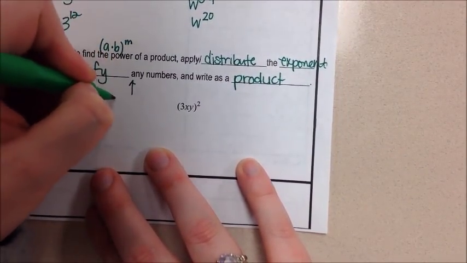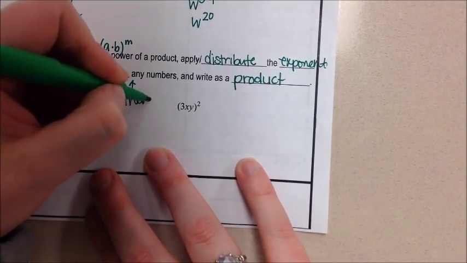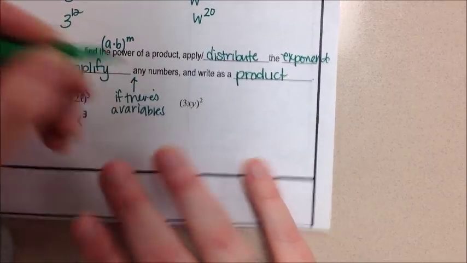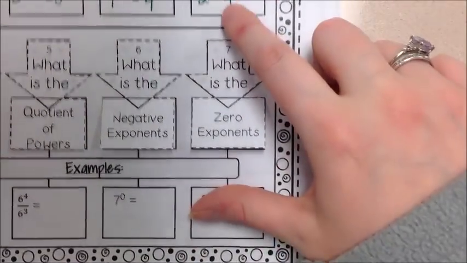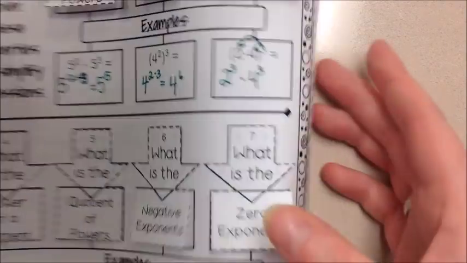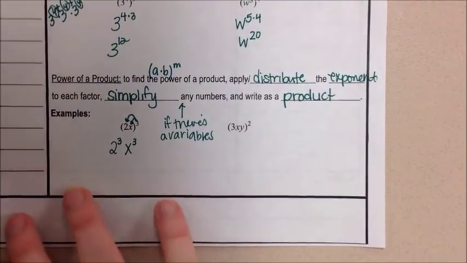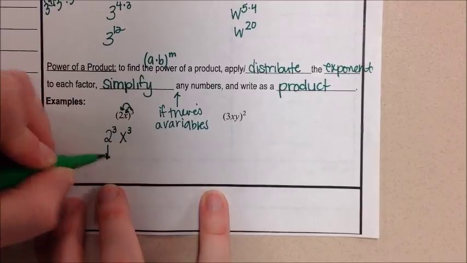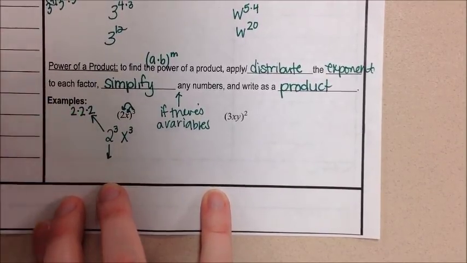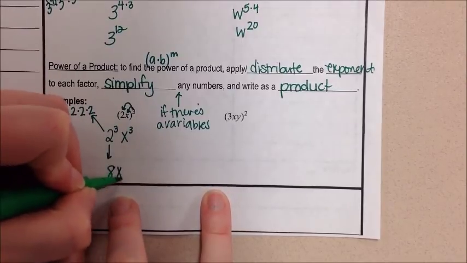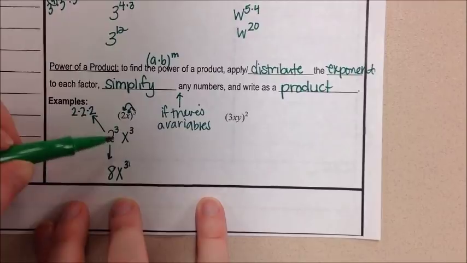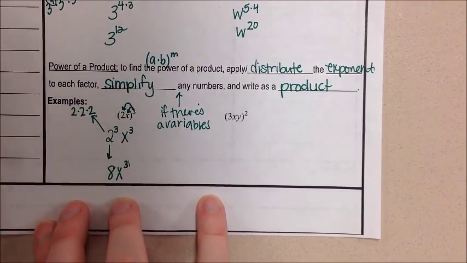So you're simplifying any numbers if there's a variable. If there's no variables, I want you to leave it like we did on the foldable. But on these ones, I want you to actually simplify this. So 2 to the third is 2 times 2 times 2, which is 8. And then I have 8x to the third. You can't simplify this at all, but I was able to simplify the 2 to the third.